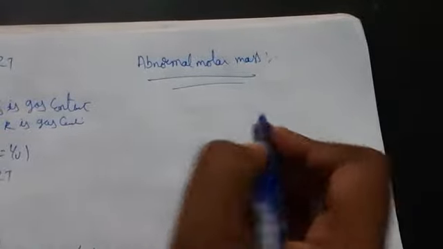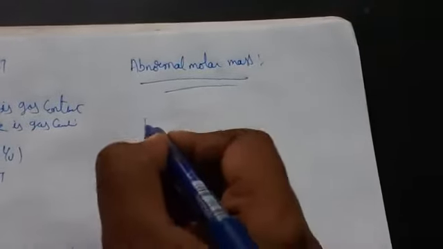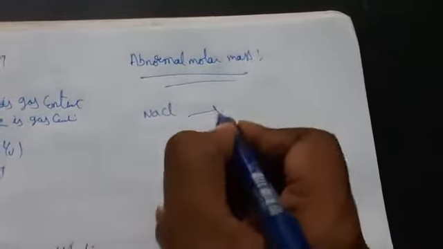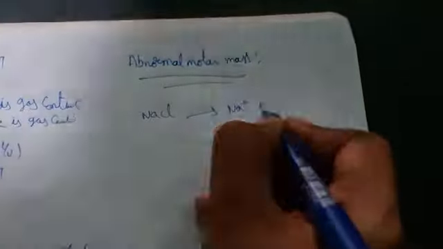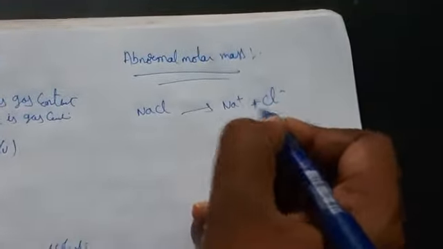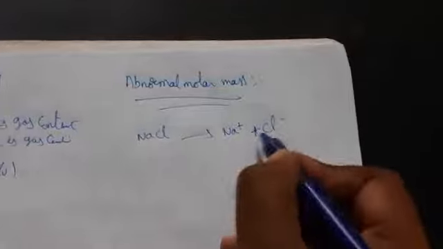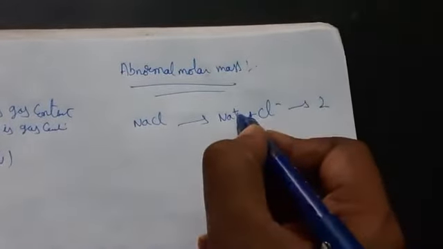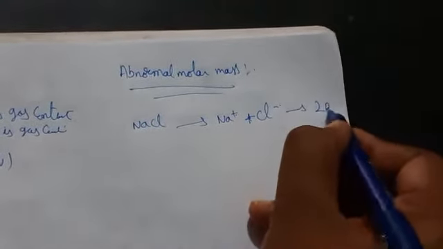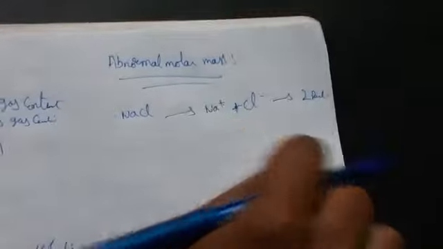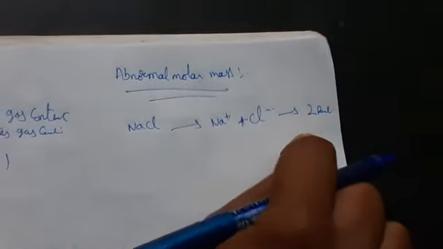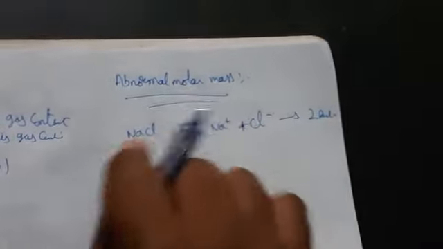So coming to abnormal molar mass, let us take NaCl. So NaCl is divided into Na plus and Cl minus. So what is happening here, it is giving two particles, one plus charge, one minus charge. So it depends upon the number of the particles but not on the nature of the solute.